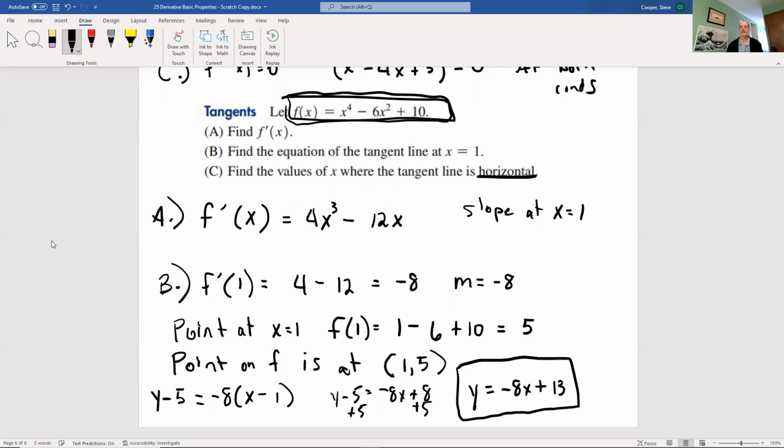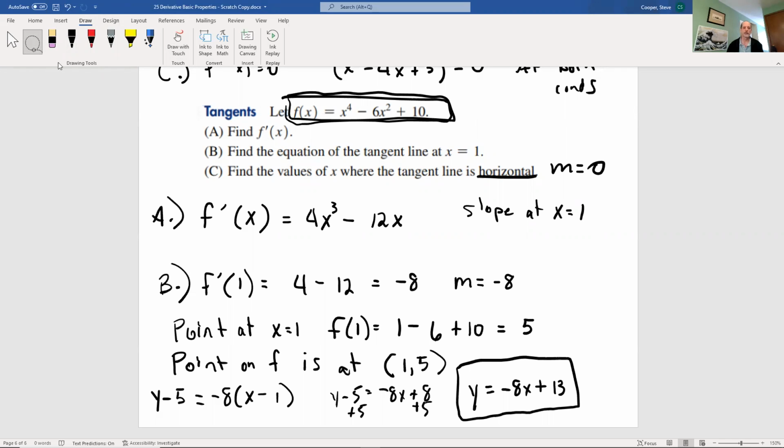Okay, now a horizontal tangent means m equals 0. So for part C, we're doing the same thing, setting it equal to 0 and solving. I'm going to clean up some space here and we'll get C done.